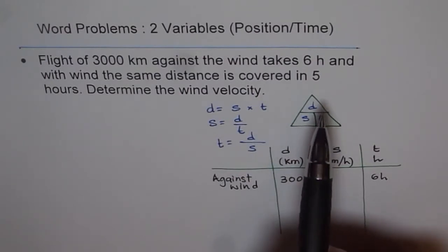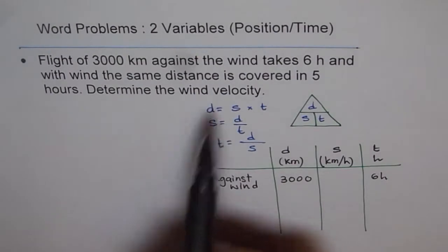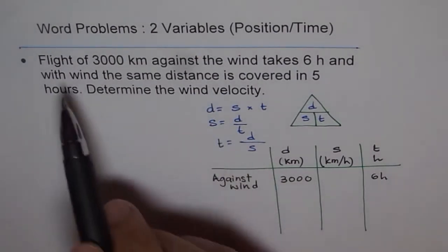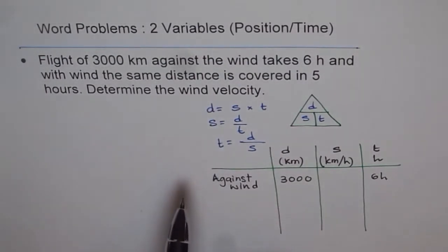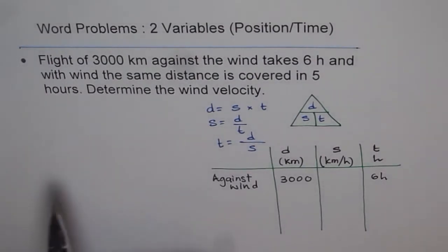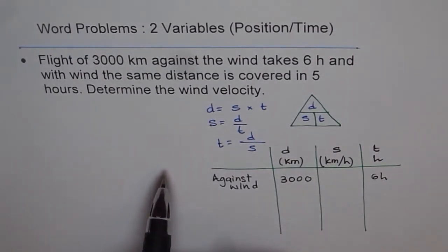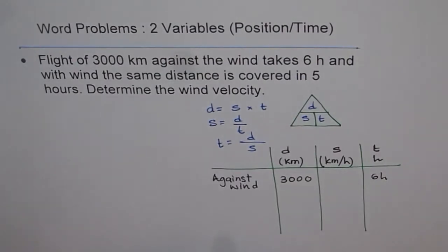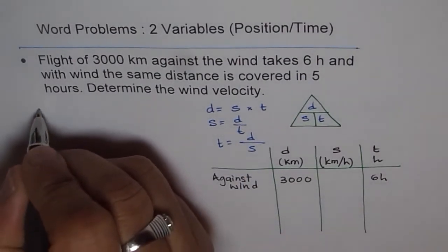Now let's read the question further. Determine the wind velocity. So we are talking about a flight, that means an airplane, and we want to find wind velocity. That means there are two velocities involved. One is the velocity of the airplane and another one is the wind velocity, correct? So let's define variables for these two velocities. We use let statement.